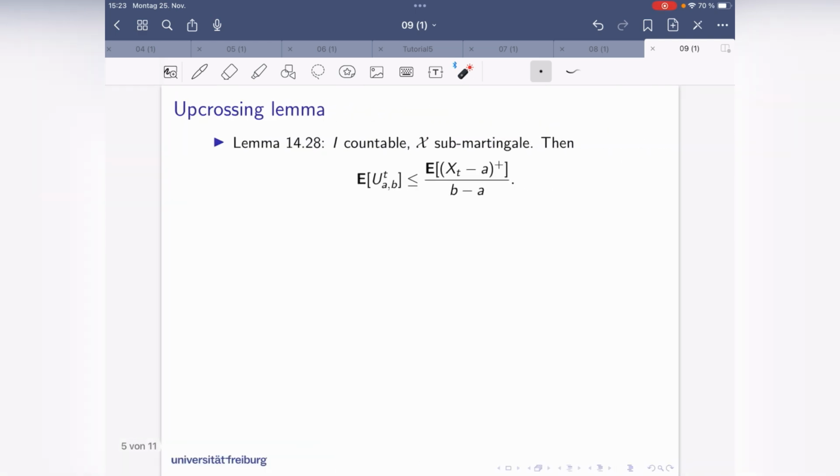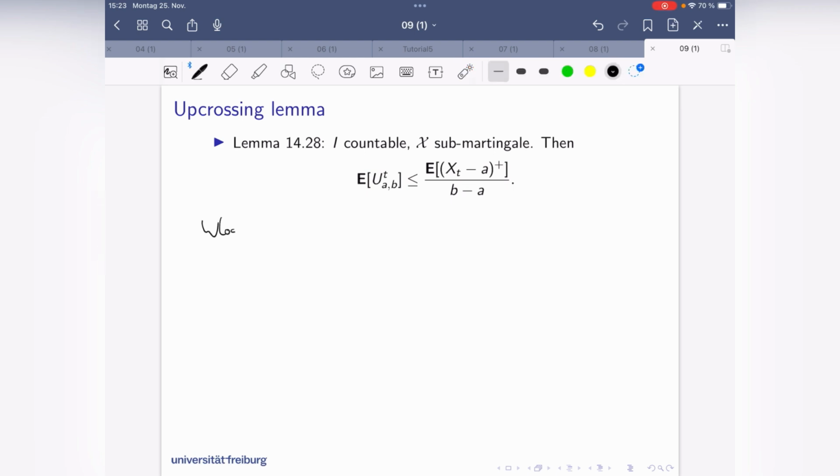The following lemma is central to everything that happens in the rest of this lecture, which is the upcrossing lemma. It bounds the expected number of upcrossings between a and b before time T by, again, something as in the maximal inequality. The number of upcrossings depends on the full path, and what's written here only depends on the distribution of the martingale or submartingale at the end time point.